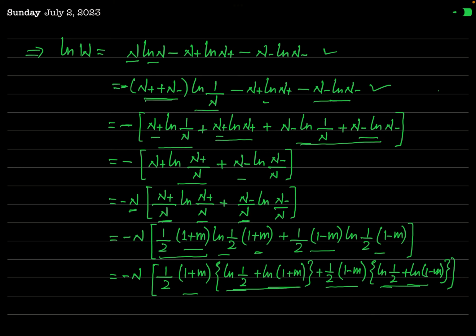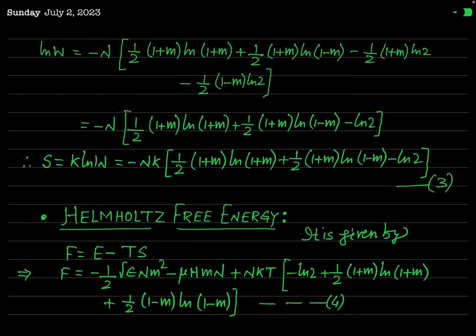Now let us see. This equation will then be written as log W equal to minus N times 1 by 2 times 1 plus m log 1 plus m plus 1 by 2 times 1 minus m log 1 minus m, and minus 1 by 2 times 1 plus m log 2.